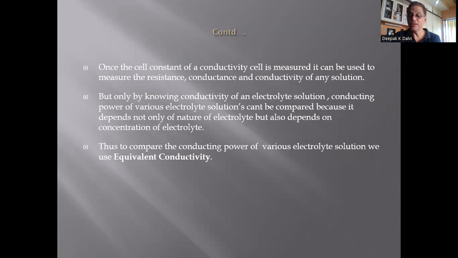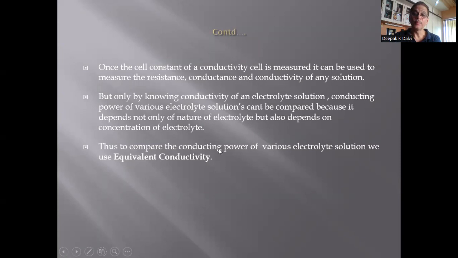The power of various electrolyte solutions can't be compared by just measuring the conductivity, conductance, and resistance, because that power depends on the nature of the electrolyte, as we said in the factors, and also on its concentration.